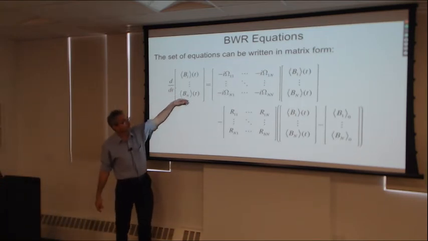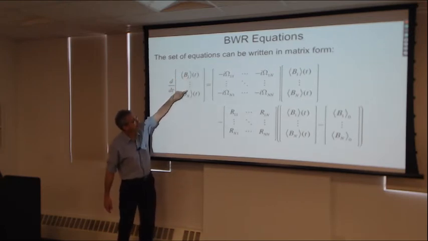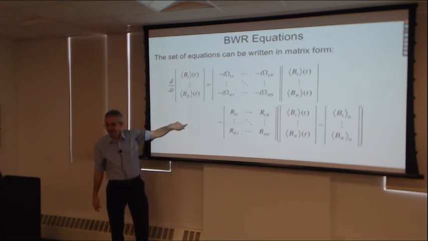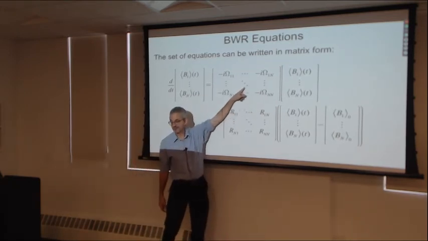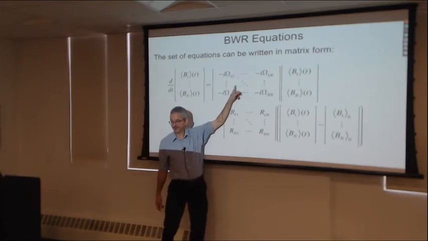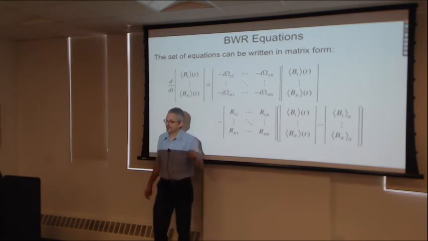And in this formulation, we would have listed in a column vector the amplitudes of those 16 basis operators. This then is a 16 by 16 matrix. It might have a lot of zeros in it.